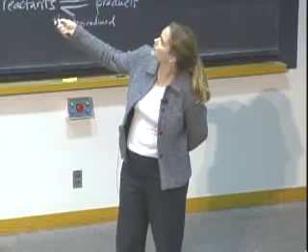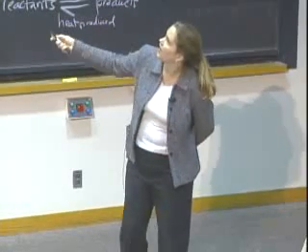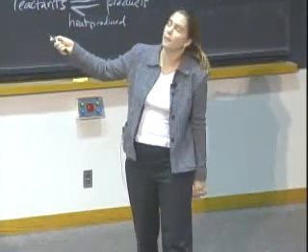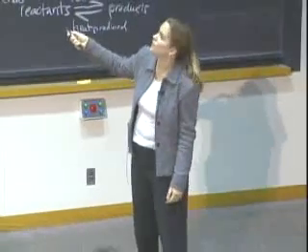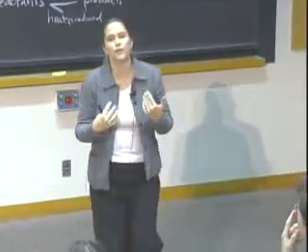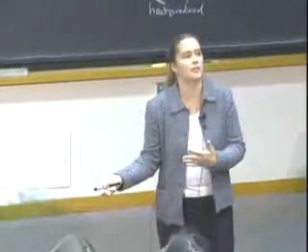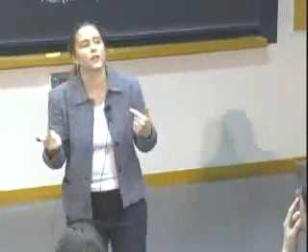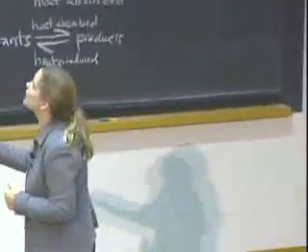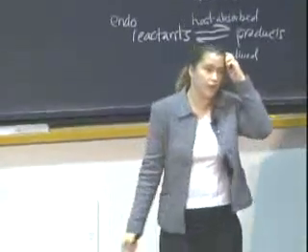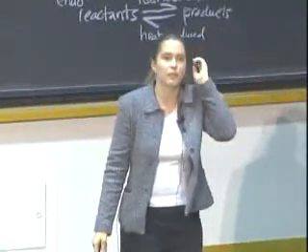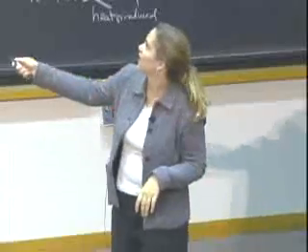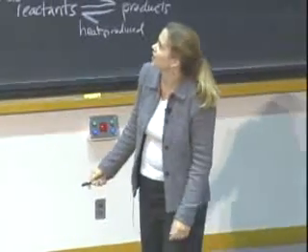And it was developed by these 2 men right here. Haber came up with the initial idea, and Bosch helped figure out the appropriate conditions to get the maximum yield. So all they're doing is basically using some of the principles that you've already learned in this course, and they both won Nobel Prizes for being part of this process. This one initially and this one later on.